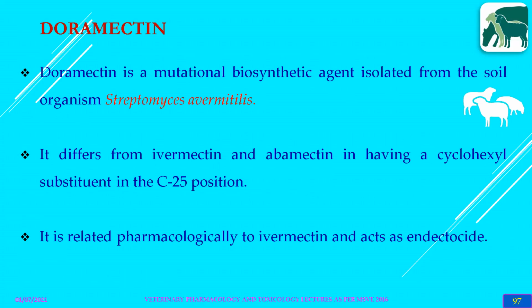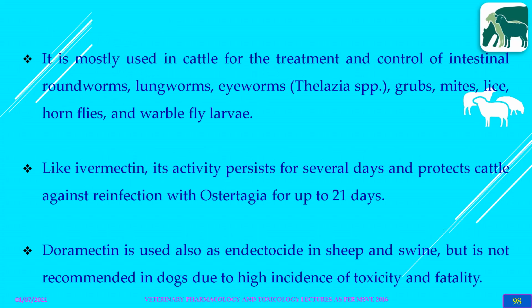It is related pharmacologically to ivermectin and acts as an endectocide. Doramectin is costlier than ivermectin, whereas nowadays it's very commonly used by veterinarians because of its very wide margin of safety. And this may be indicated in pregnant animals also.